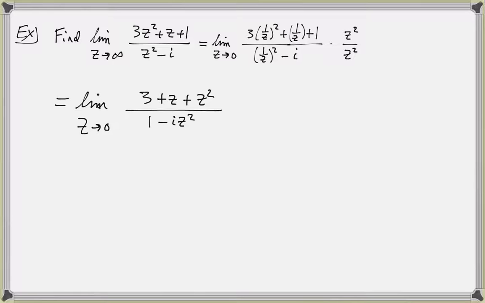And now I can use direct substitution to obtain the limit (3 + 0) over (1 - i times 0), and see that the limit we were trying to show must equal 3.